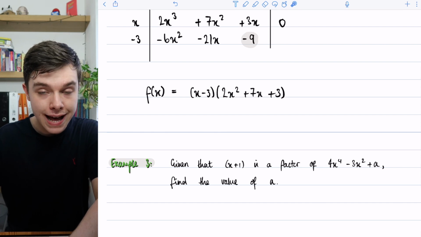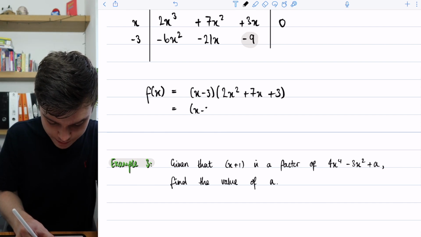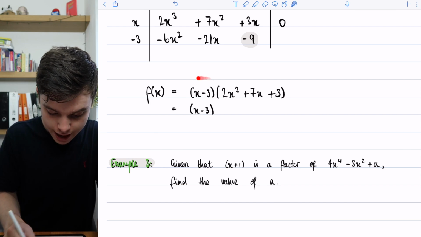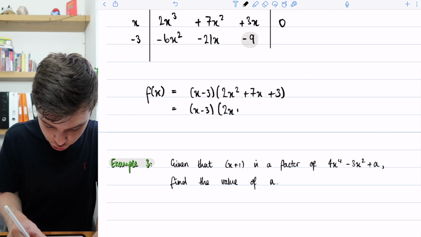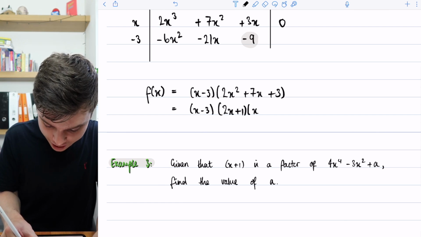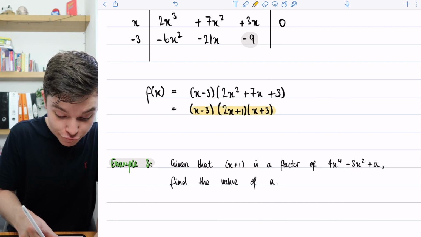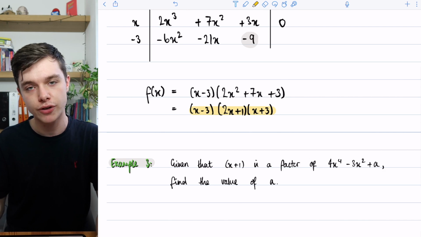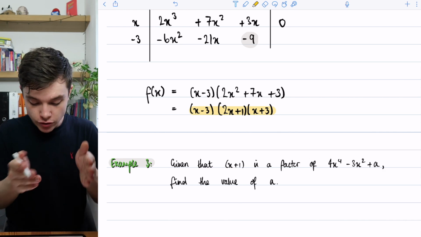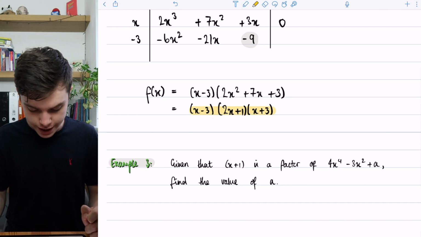And when we factorize that quadratic, hopefully you could do that yourself, we'll have x minus 3 from this bracket here, and we'll multiply it by 2x plus 1 times x plus 3, okay? That is then fully factorised, because we have 3 brackets, which will give us our cubic, and we've got the 3 linear factors, so we've fully factorised there, okay?